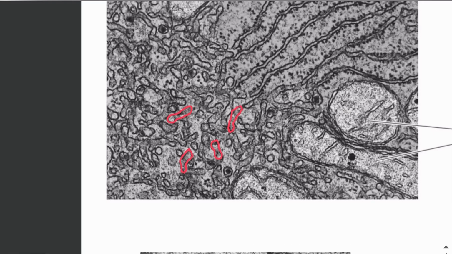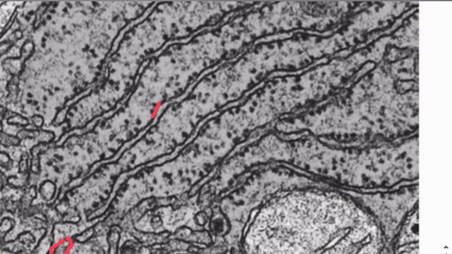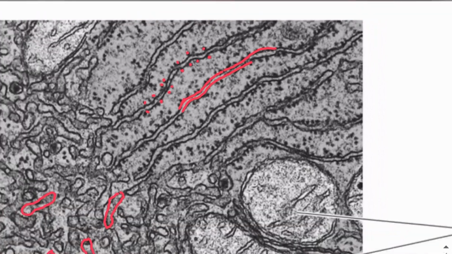So the students think that this is RER. Basically, over here, these are actually the RER. Why? Because I told you that RER will consist of flattened sacs and there will be black dots at the external surface. This is the feature you will use to recognize RER.